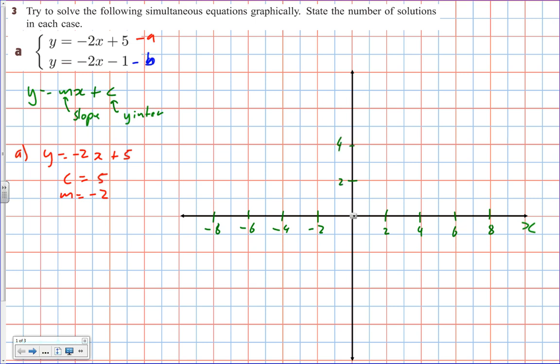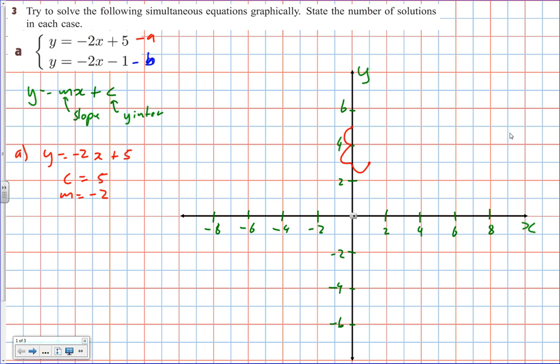So I'm going to plot those values on there. c equals 5, so that's that point there. My slope is negative 2, so I go down 2 and across 1. So my dot is going to be there.